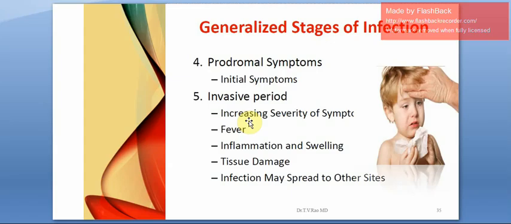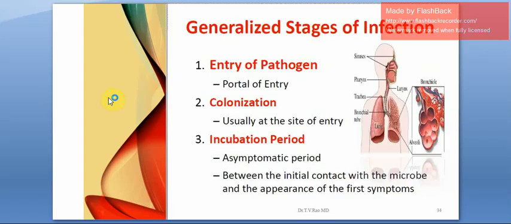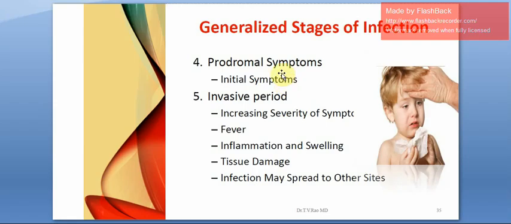So that is particularly regarding the stages of infection. Okay. So stages of infection is entry of pathogens, then multiplication of pathogens, incubation period, prodromal stage where symptoms will appear, and severe symptoms is occurring, that is invasive period.